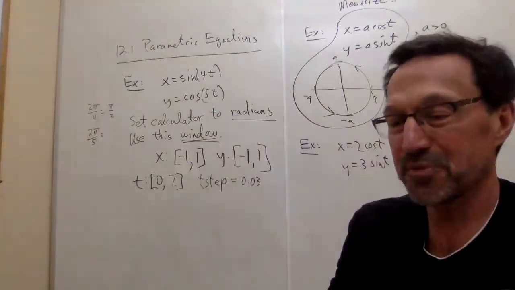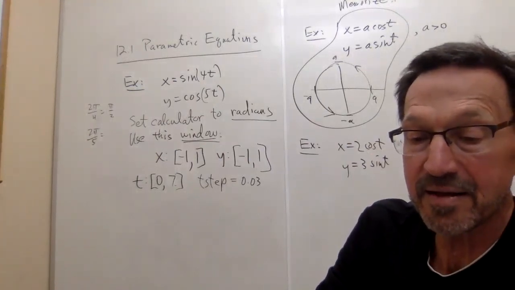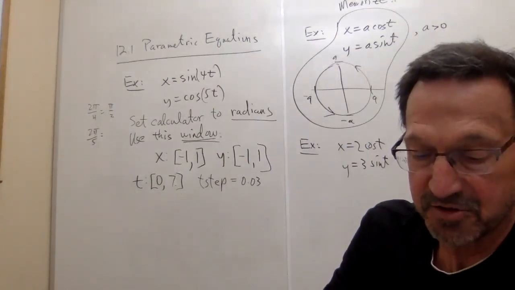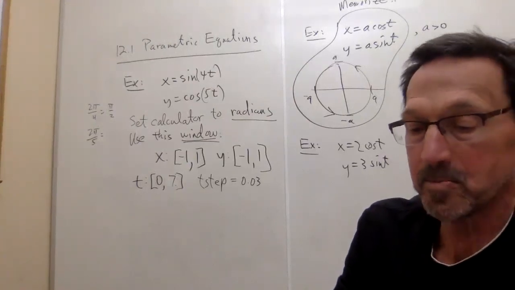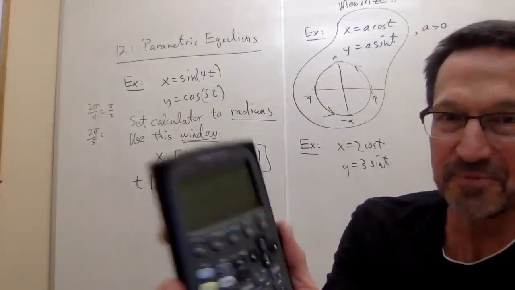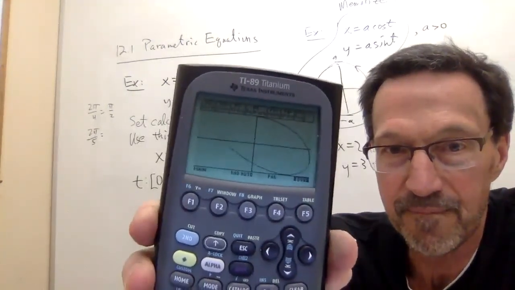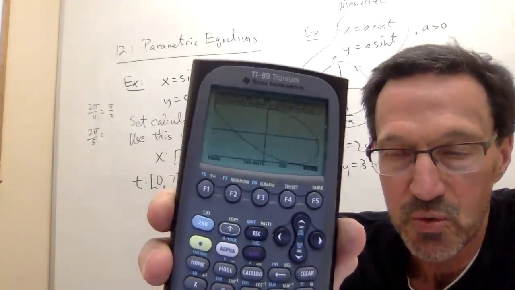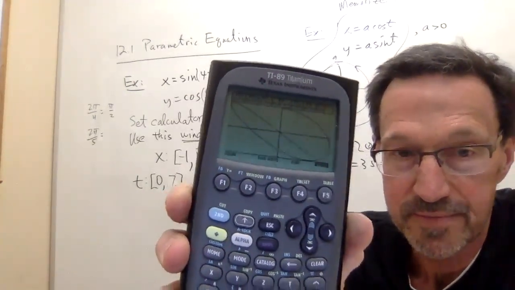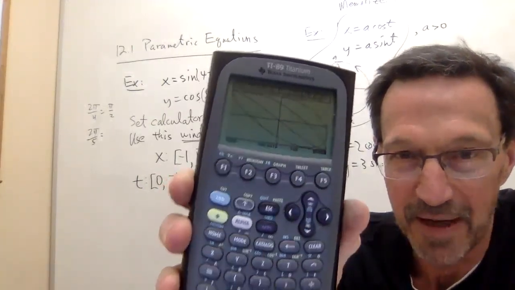Okay, now let's make a super small value of t-step. Not sure I have the patience, but let's go 0.01. And again, now notice it's going to go slower because it's calculating more points. Might not want to go smaller.